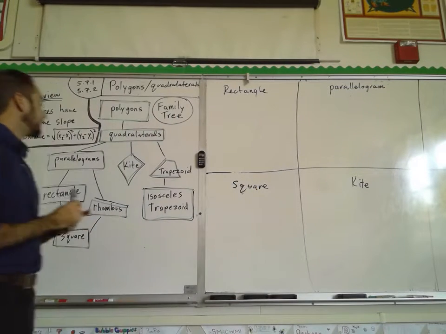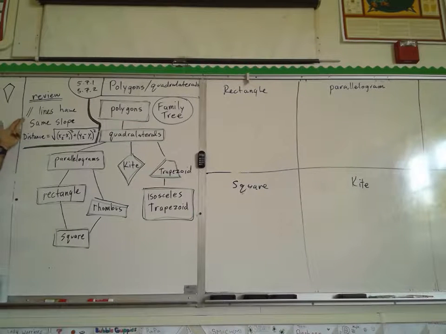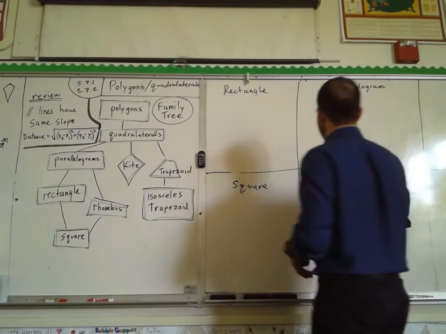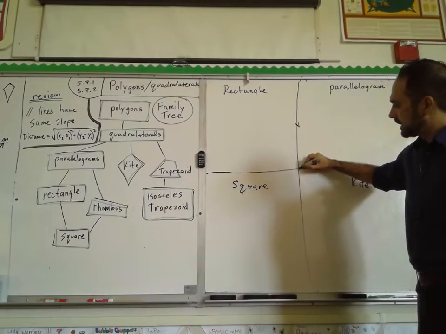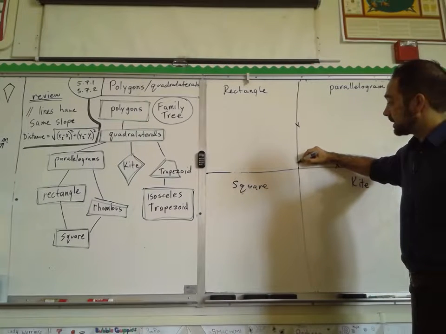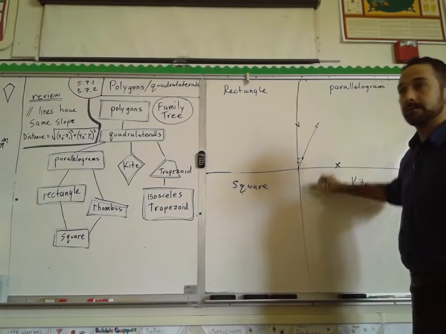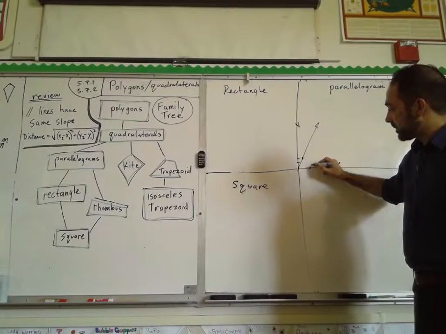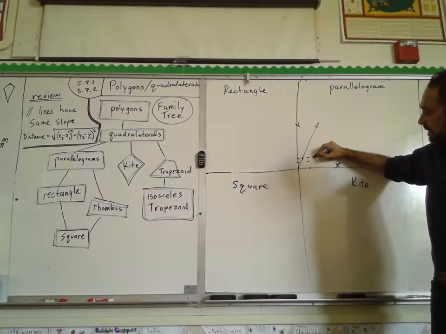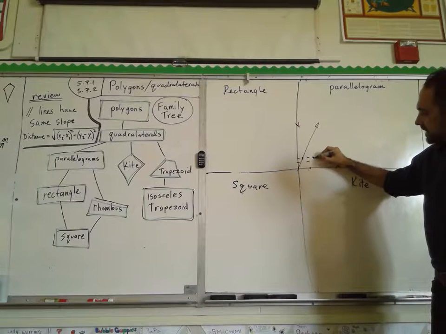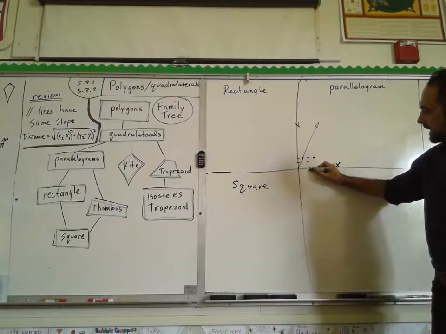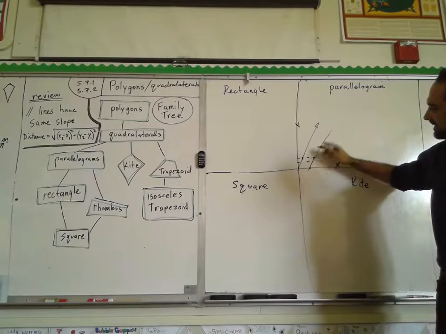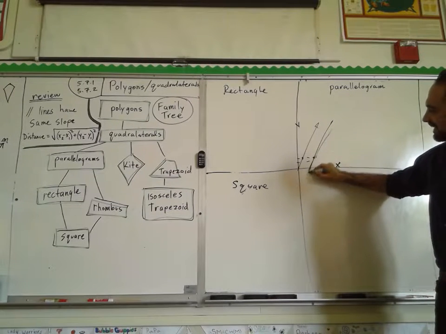So just as the review, parallel lines have the same slope. If this is my coordinate plane, if I have a line that goes up 2 over 1, and over here, if I start from this point and I go up 2 over 1, I have the same slope, and I should have some parallel lines.